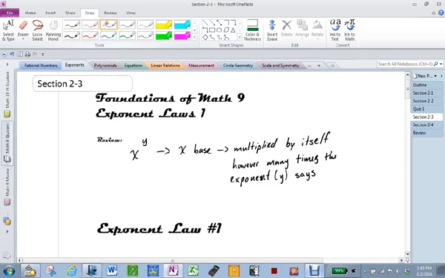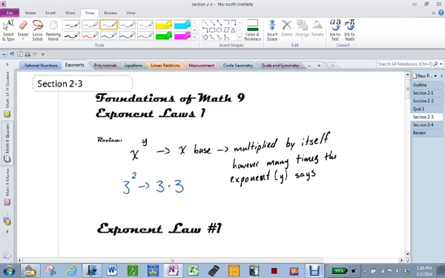So when I do a real-life example, 3 squared, it is 3 times 3. It's multiplying by itself 2 times. It is not, and it never will be, 3 times 2. Even though every day I say, what is 3 squared? Somebody in the class always says 6. Always.